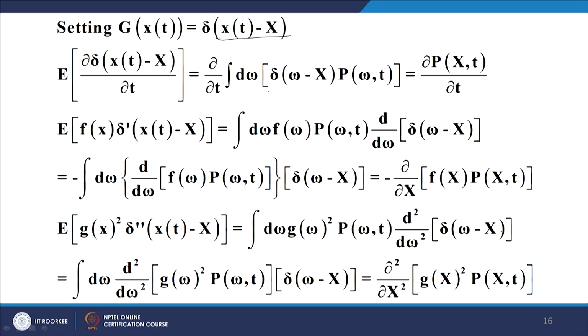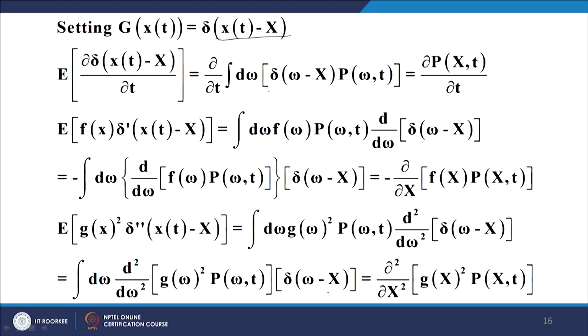Similarly, when we work out the expectation of this expression, again we do integration by parts twice, and we get the second derivative of the first function, and the derivative of this function goes, this function remains as it is.